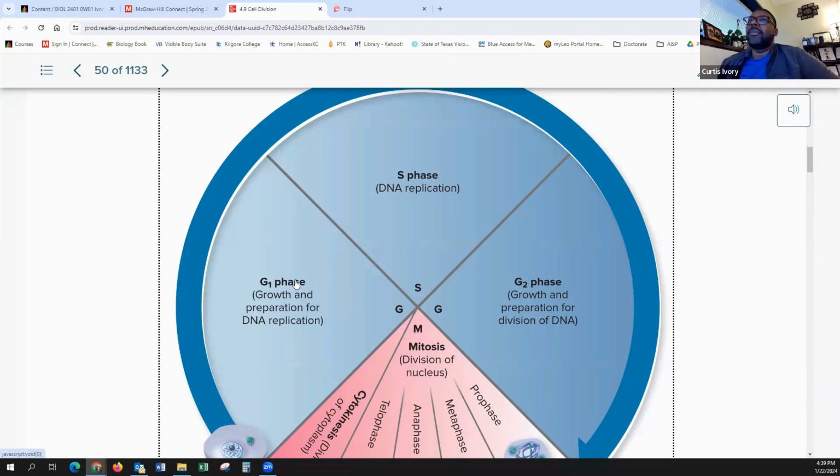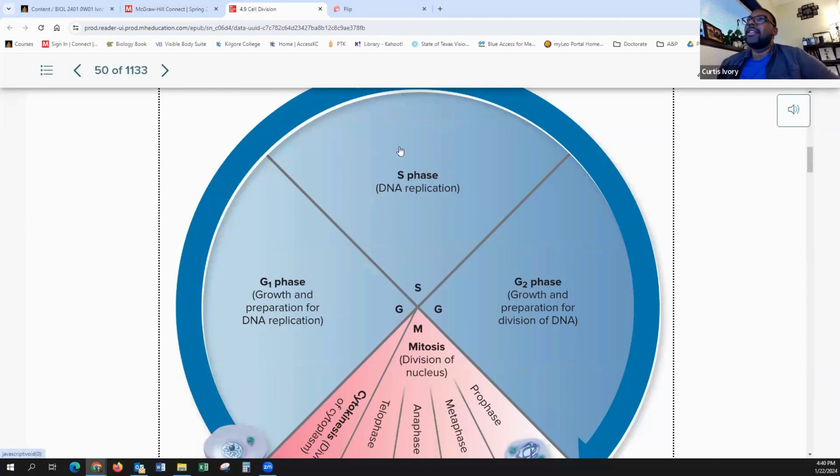When it goes from G1 phase to S phase, before it can make it to S phase, it has to certify that everything has happened correctly in G1. And before it can go from S phase to G2 phase, it has to make sure that everything has happened properly in S phase.